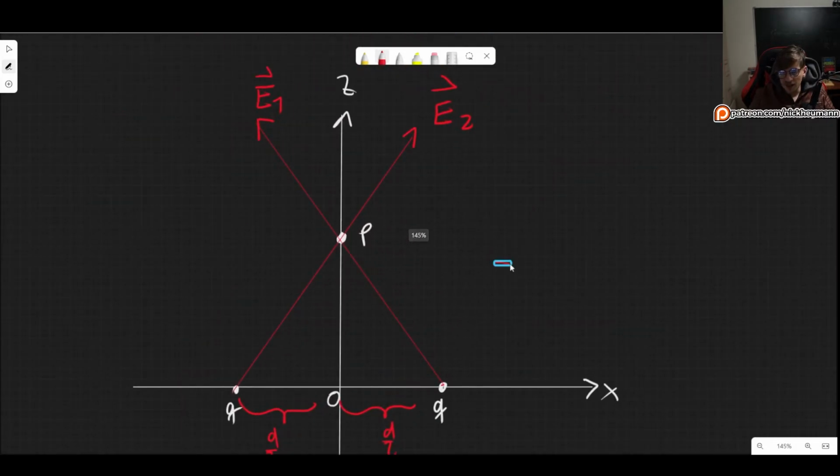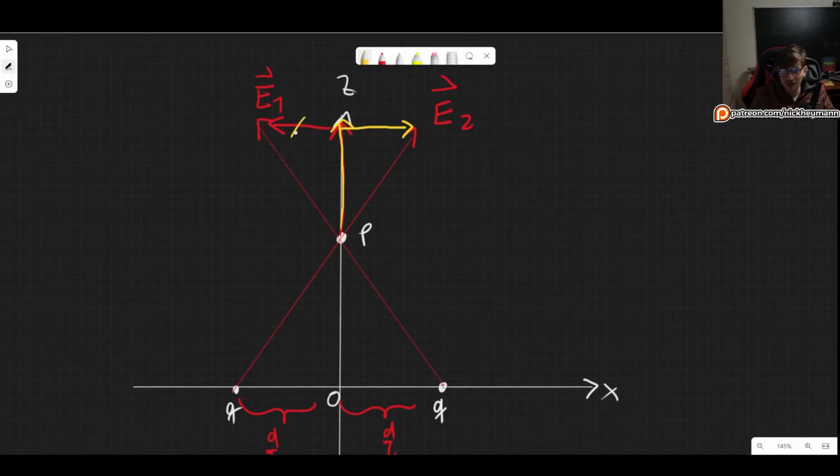So that means that this charge that is doing a force, you can think of it as doing one part upwards and one part to the left in the negative x direction, while the other force from this one is going to do also a part upwards, which is going to be equally large as the other, and then it's going to do a force to the right or the positive x direction, which will be of the exact same size or magnitude as the one that's going in the opposite direction.